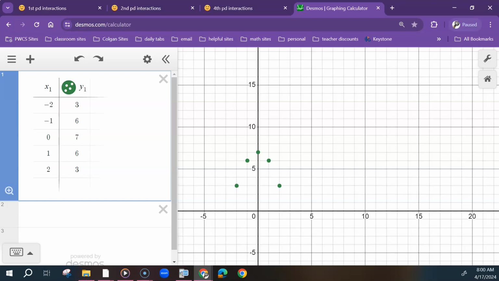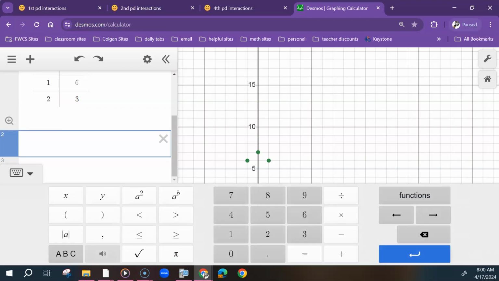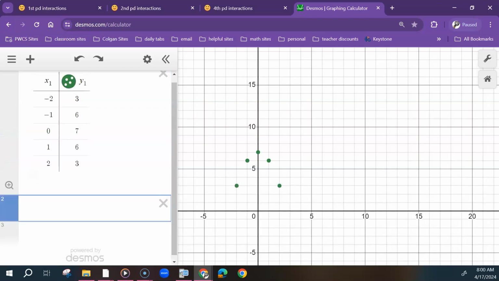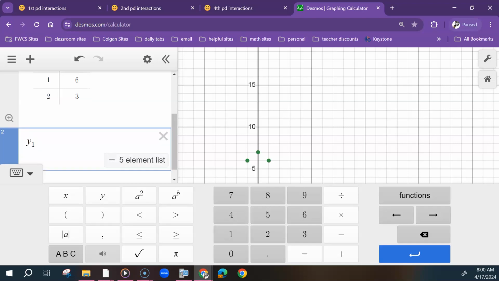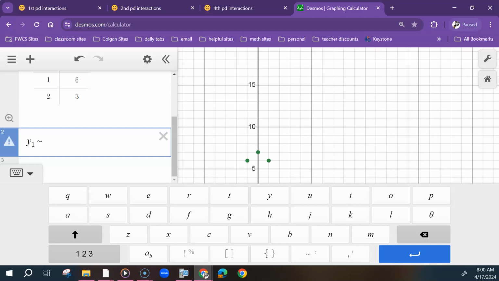To get our actual equation, just like our line of best fit is basically our equation of a line, but with x1 and y1 and the squiggly line, our quadratic equation is similar. So start off the same, y1, and it's on your notes also. The squiggly line, the tilde. And then here, just be careful.